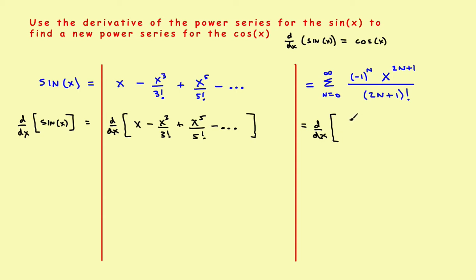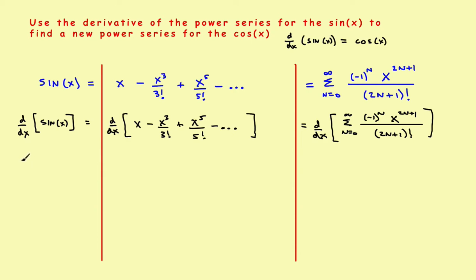This is going to be the summation as n equals 0 to infinity of minus 1 to the n, x to the 2n plus 1, divided by 2n plus 1 factorial, and the whole thing will be in brackets. So the first step is just to take the derivative of each one of these.